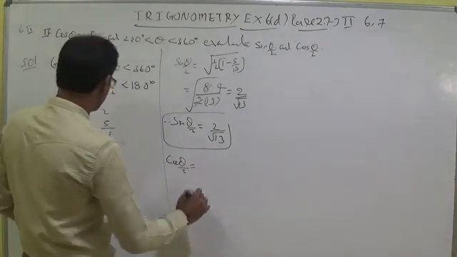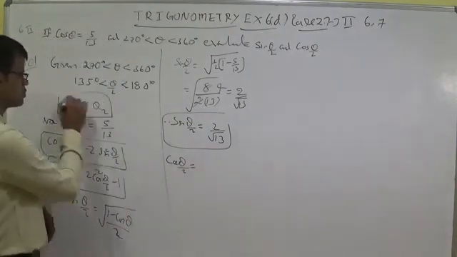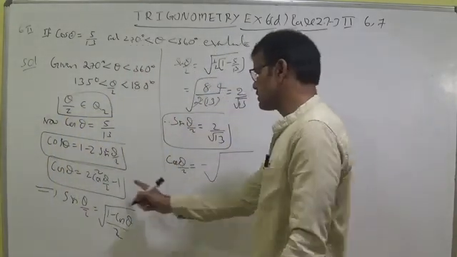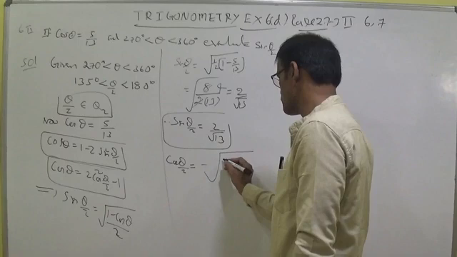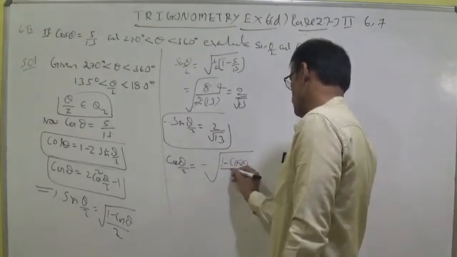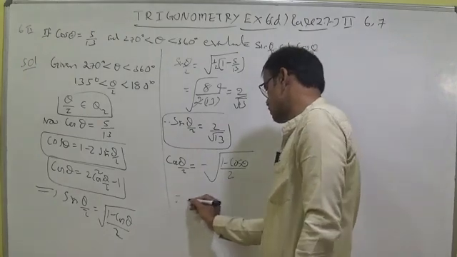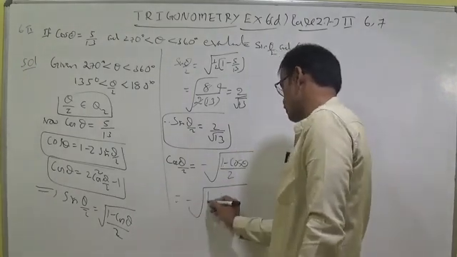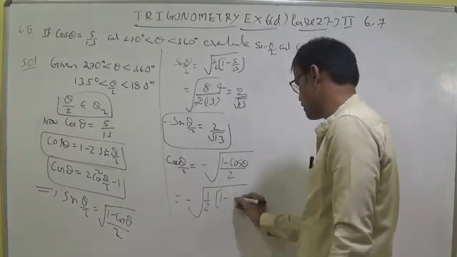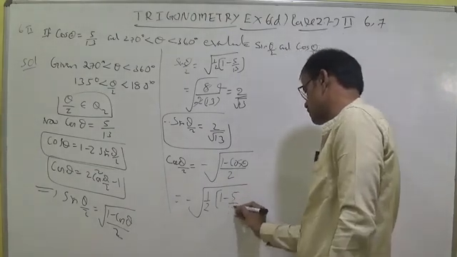Cos theta by 2, because theta by 2 belongs to Q2, it is negative. Using the formula, minus root of 1 plus cos theta whole by 2. Take 1 by 2 common, 1 plus, what is cos theta here? 5 by 13.